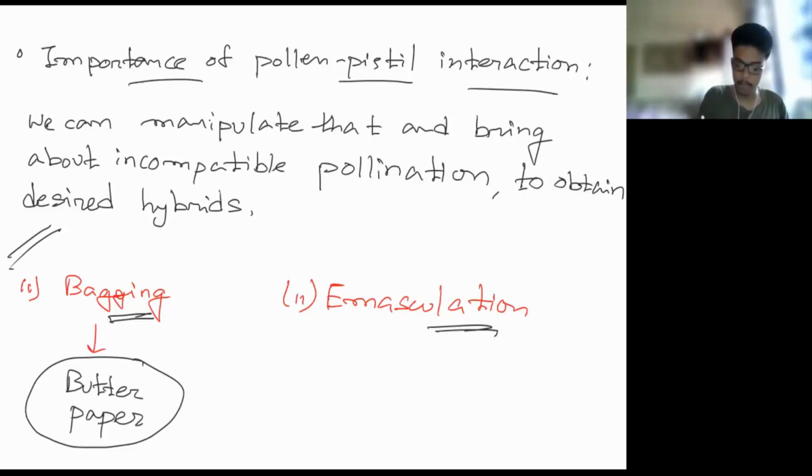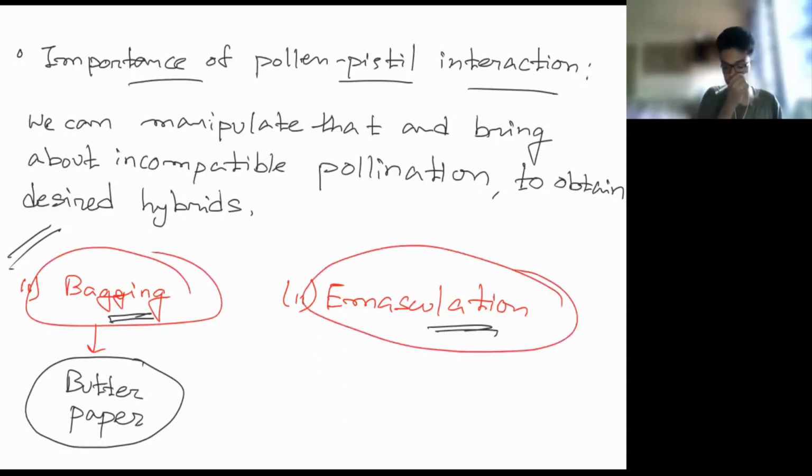Okay, so I think we have covered, firstly, outbreeding devices today, which are essential contrivances of cross-pollination, where we had unisexuality, dichogamy, herkogamy, heterostyly, and a new thing that we discussed today was self-incompatibility.